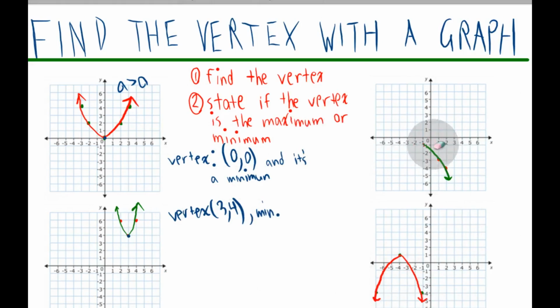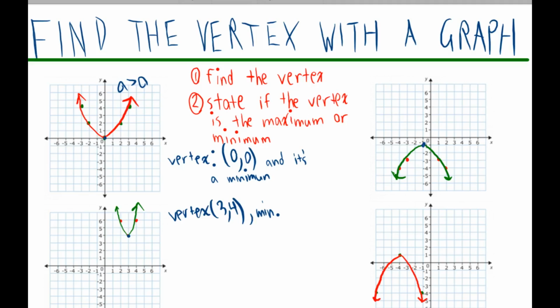So try this problem on your own. Alright, so we know that the a is negative for this graph because anything beyond the highest point, it just gets lower and lower on this graph. So we know the graph has a maximum, and let's find what that maximum is. Let's find what that vertex is.